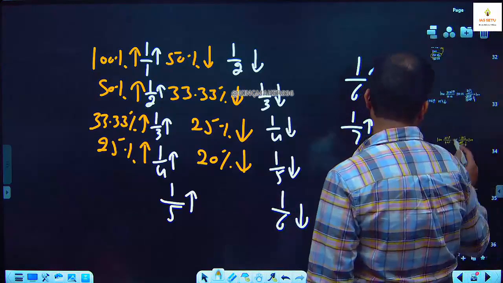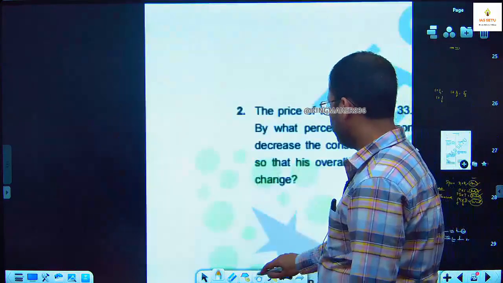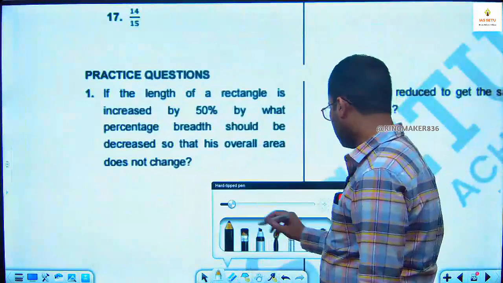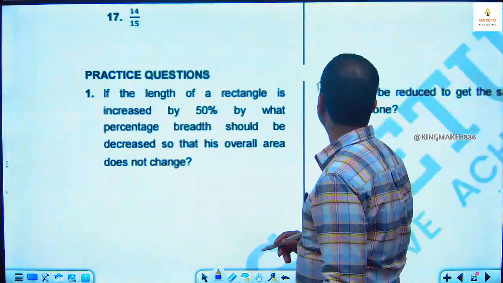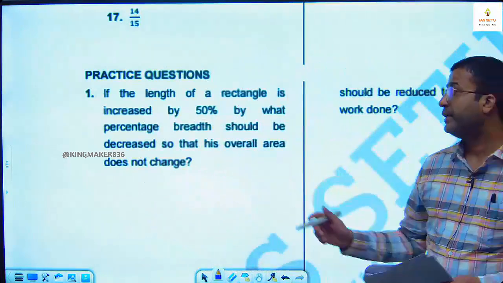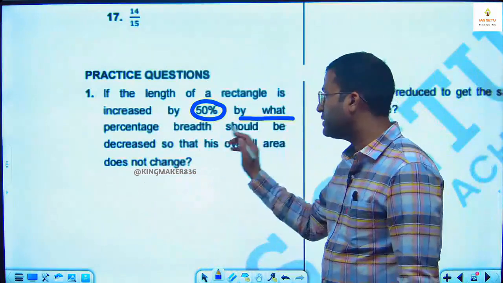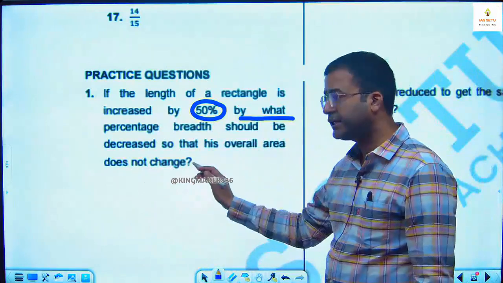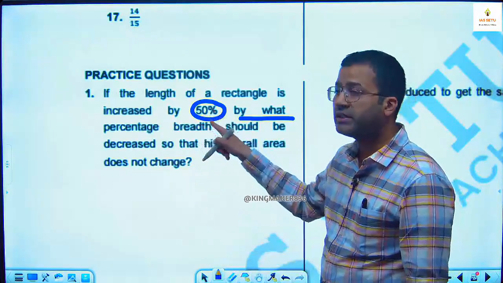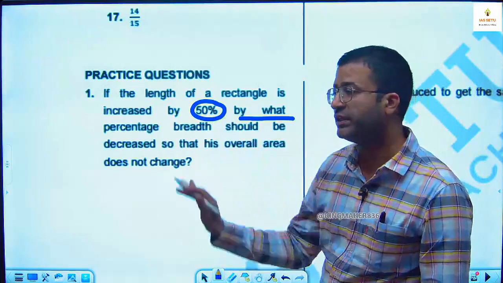पेज नंबर 8, क्वेश्चन नंबर 1। If the length of a rectangle is increased by 50%, by what percentage breadth should be decreased so that its overall area does not change? 50% increase compensated by 33.33% decrease.